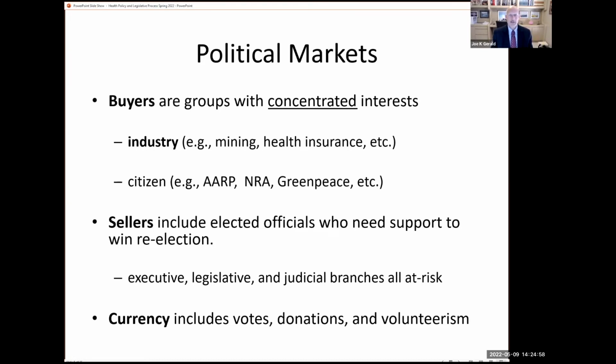So here in the United States, groups with particular power that aren't directly connected to an industry might include the American Association of Retired Persons, looking after the needs of America's elderly, the National Rifle Association, who looks after the needs of gun owners and those who support gun ownership and gun rights, Greenpeace, those who seek to improve environmental conditions, the health and well-being of nature. These groups can also form to seek regulation that's going to achieve their ends.